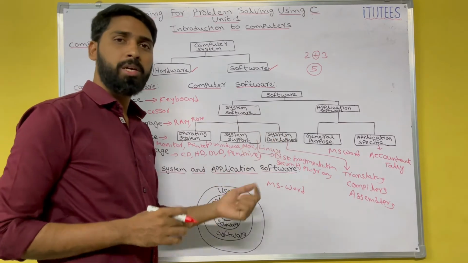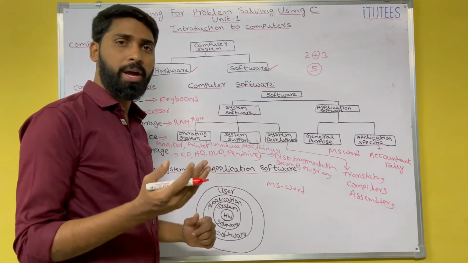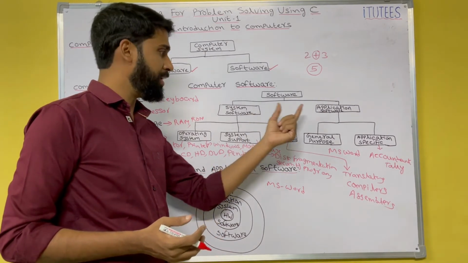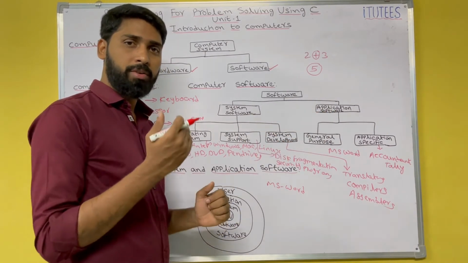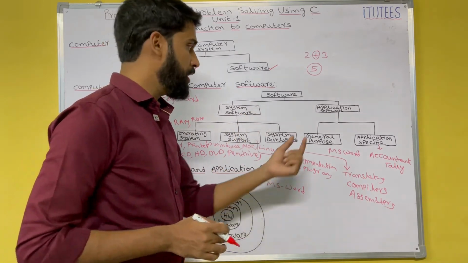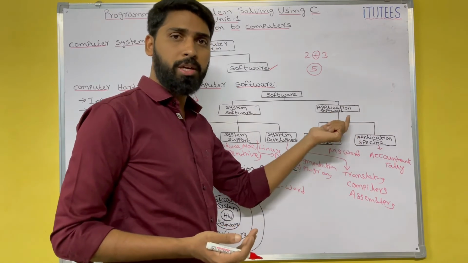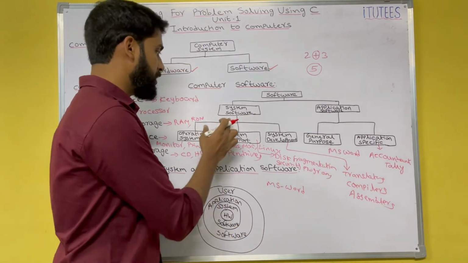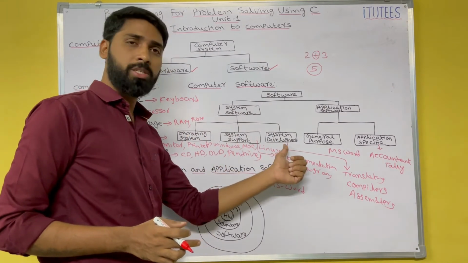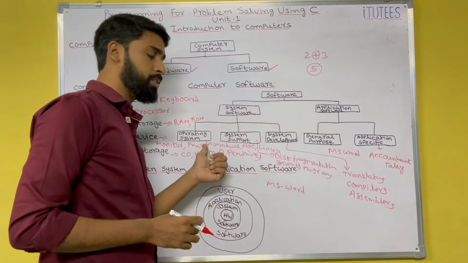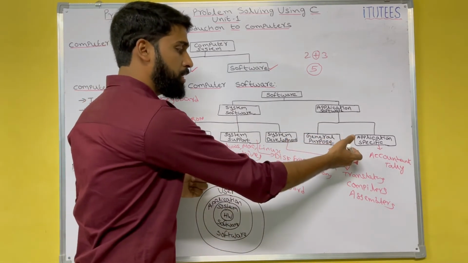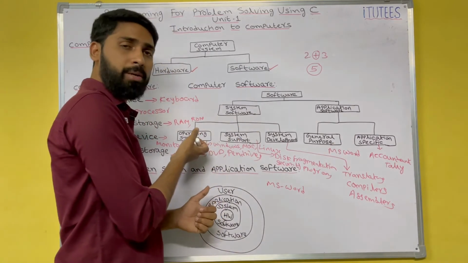So what is software? A software is a program that is used to accomplish a particular task. Two types: system software and application software. If the software is utilized by the system, it is system software. When the software is used by the user, it is application software. System software has three types: operating system, system support, and system development. Operating systems provide services to the users. If I want to install MS Office, I need an operating system.